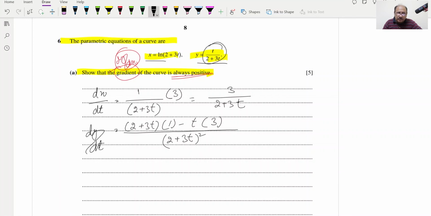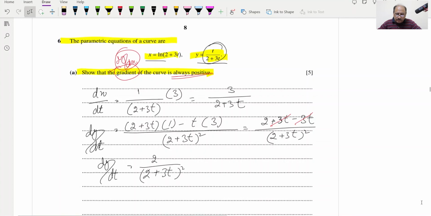So this one. Now we can rewrite it as 2 plus 3t minus 3t, divided by (2 plus 3t) whole square. Now we can cancel plus 3t minus 3t, and dy over dt will be equal to 2 over (2 plus 3t) squared.